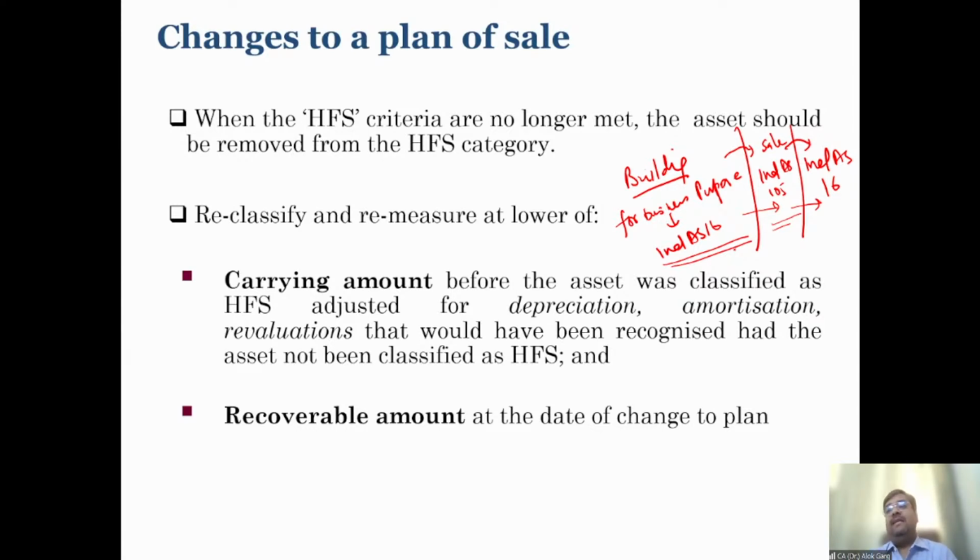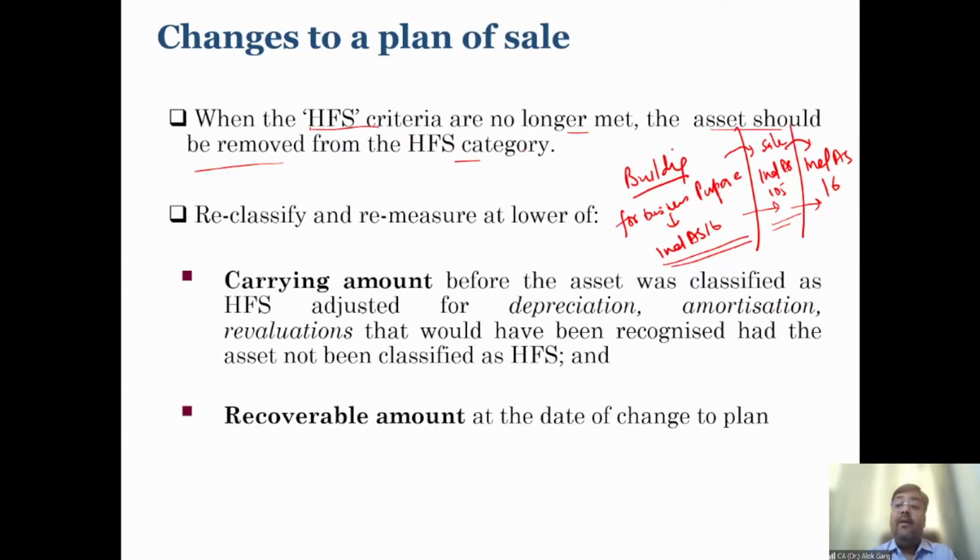So the question arises, at what value will we pass an accounting entry? PPE account debit, credit non-current asset held for sale. At what value, sir? At what value do we need to pass this accounting entry? So the standard says that when the held for sale criteria are no longer met, the asset should be removed from the held for sale category, right?